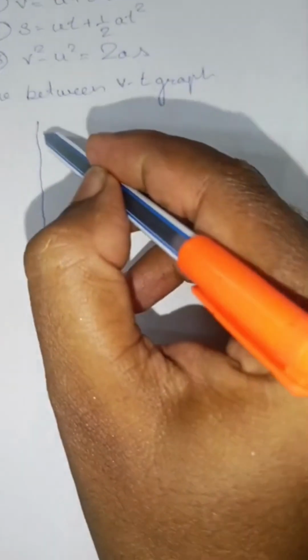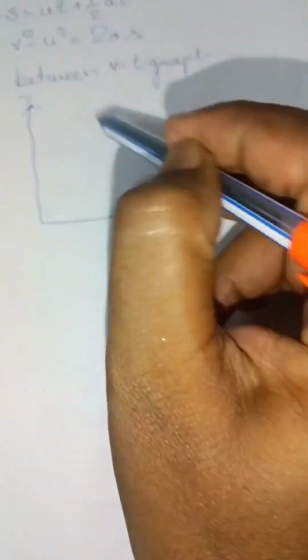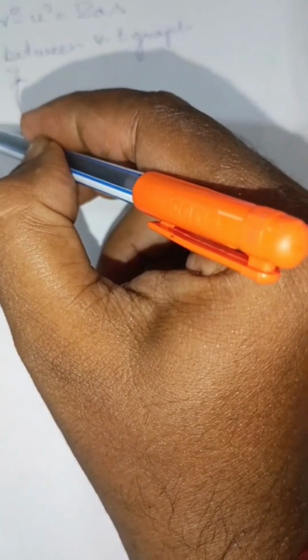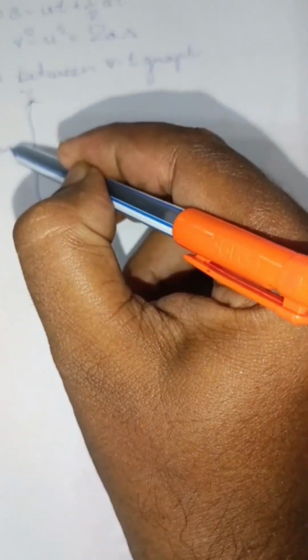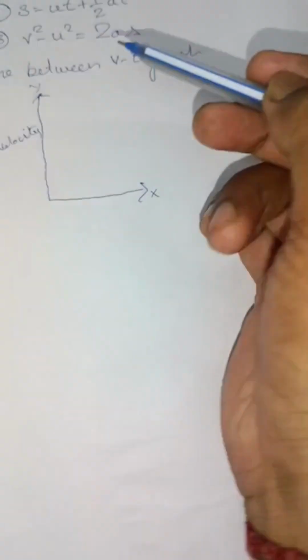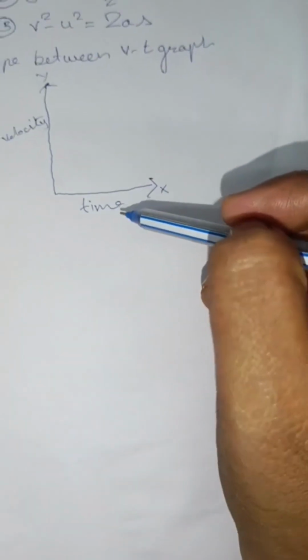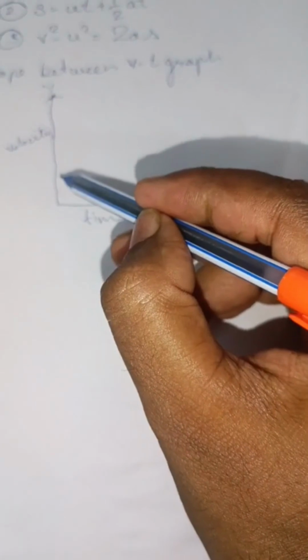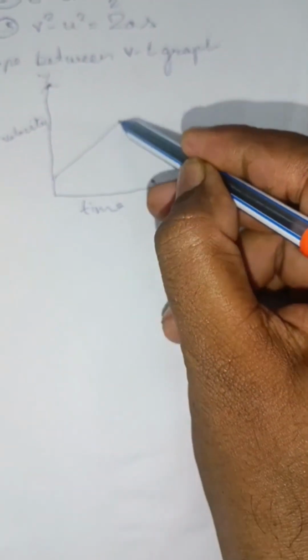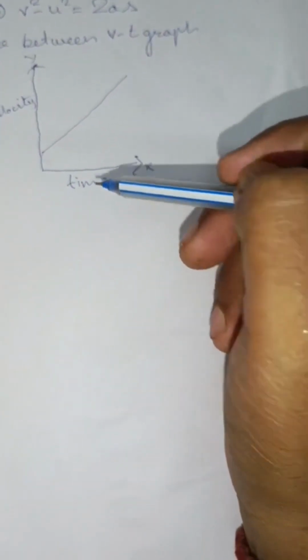This is my y-axis, as you know very well, and this is my x-axis. The y-axis will consider the component called velocity, and the x-axis we are going to consider as time. Here we are also going to draw a slope.